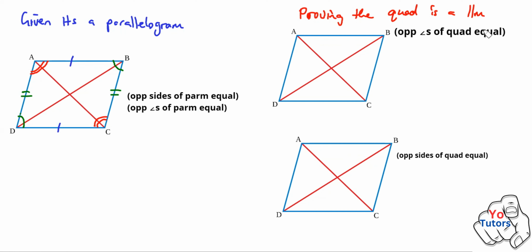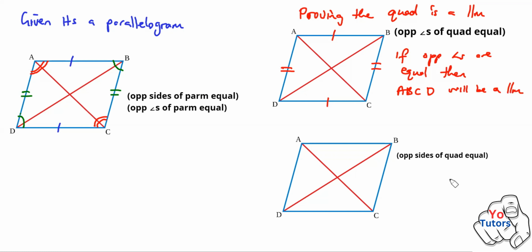So if opposite angles are equal, then ABCD will be a parallelogram. That's what we are saying.